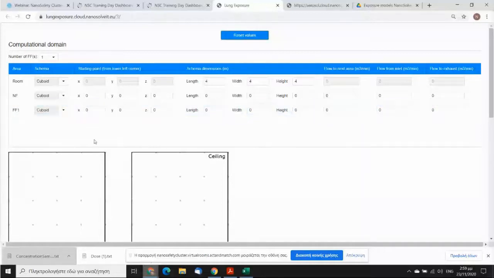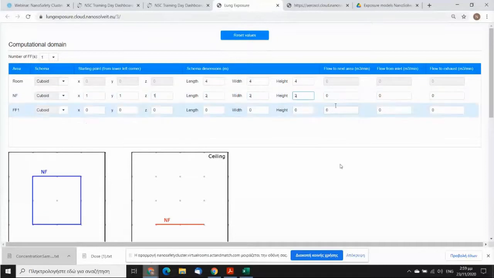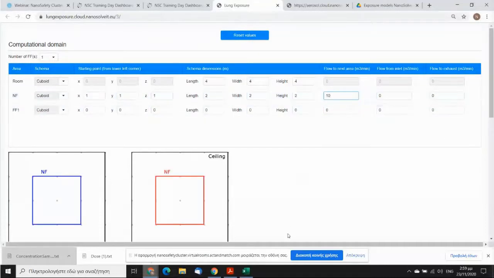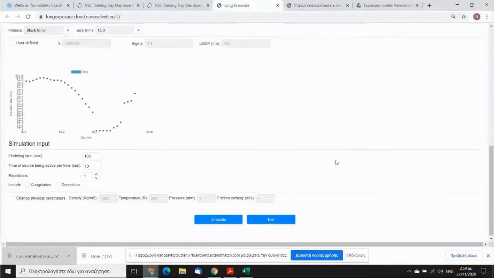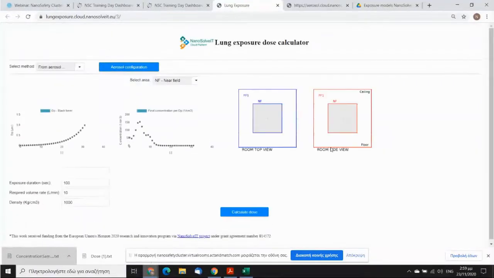For this problem here, I will use a value of 1 by 1 by 1 for the FF, 2 by 2 by 2, and 10. And for FF1 I will use a value of 4 by 4 by 4, again 10 and 5. I will use black toner, and I will leave the default here, and I will press simulate.